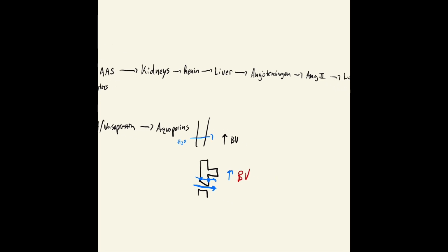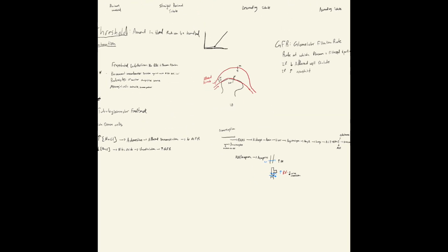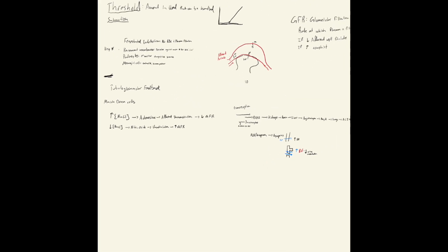Which is equal to a decrease in urine concentrations because there's more water in the blood. And that's pretty simply the RAS system and the tubuloglomerular feedback.